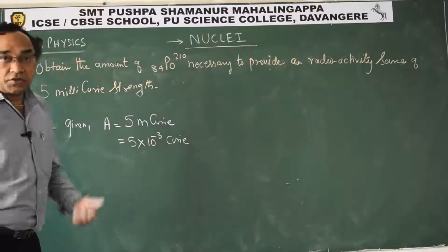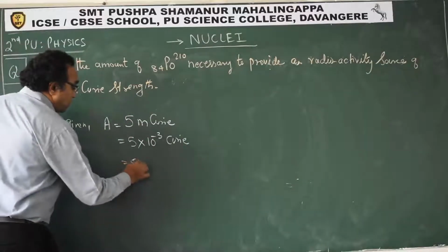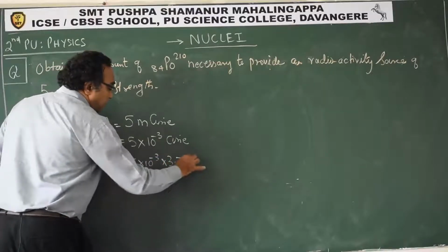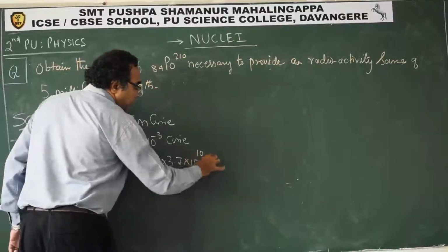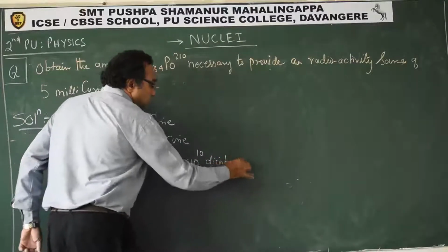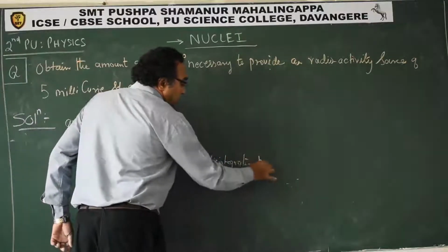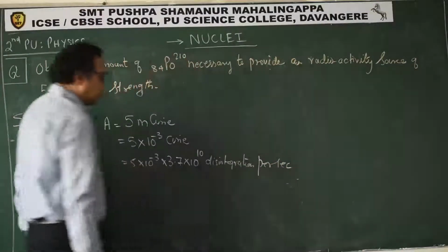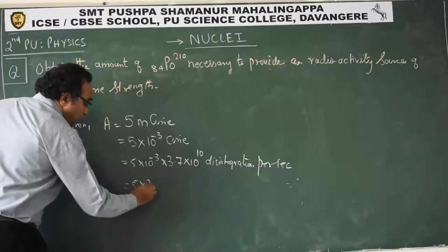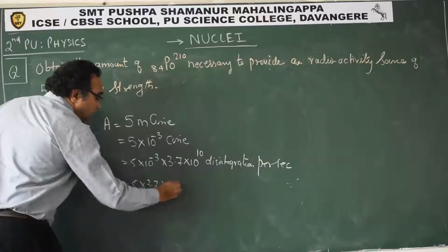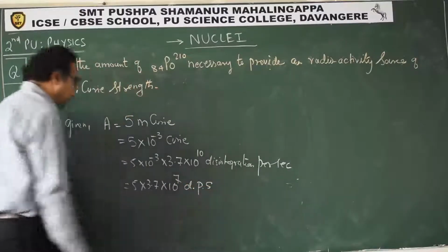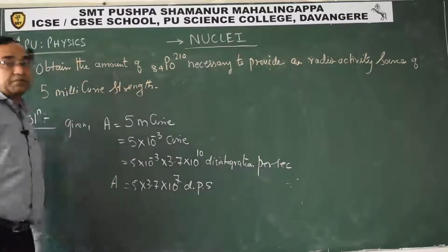And how much is 1 curie? 3.7 into 10 raised to 10 disintegrations per second. So this will be 5 into 3.7 into 10 power 7 disintegrations per second. This is the activity.